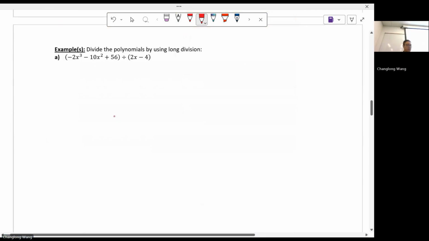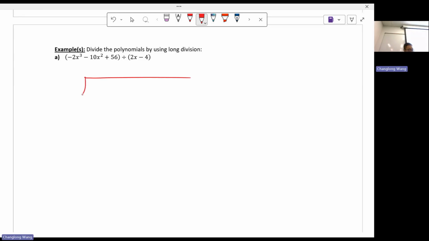Here we go. All right, so we're going to put the dividend underneath this old school division symbol: negative 2x to the third minus 10x squared.